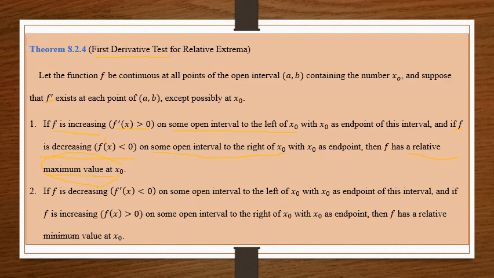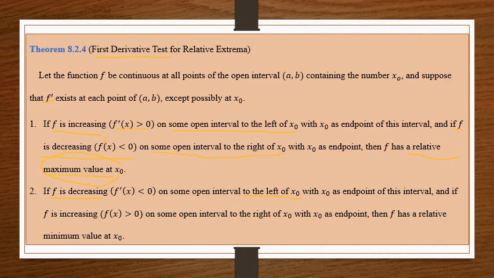Okay. If f is decreasing naman, f prime of x sub o is less than 0. Baliktad. Kanina kasi nauna dito is increasing, no? So here, if f is decreasing, f prime of x is less than 0. Basta decreasing na si first derivative, yun na, less than 0 talaga iyan. Ibig sabihin, mga negative numbers, on some open interval to the left, baliktad, decreasing siya to the left, okay?